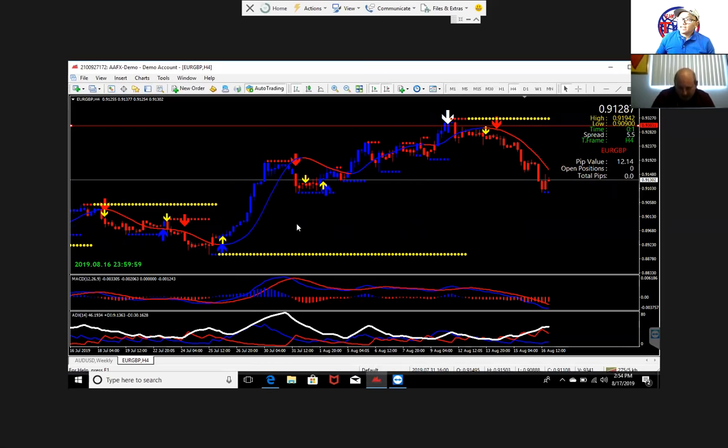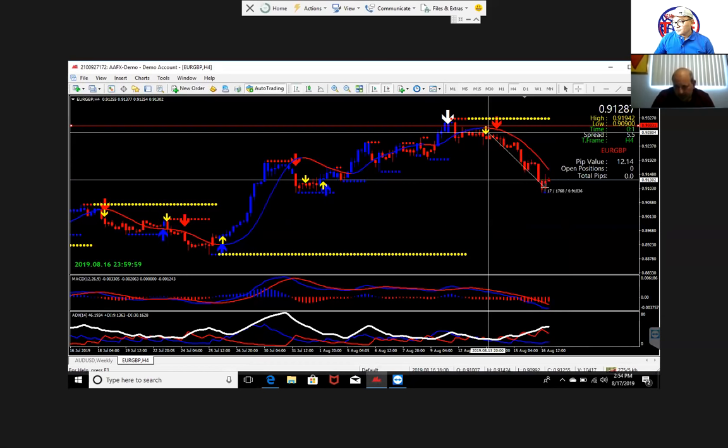Like this one particularly, I think most of us are in this trade. I caught this bad boy right here, right where the yellow dot is. I entered right at the top. But I'm on 15 minutes. You see, it has dropped already 176.